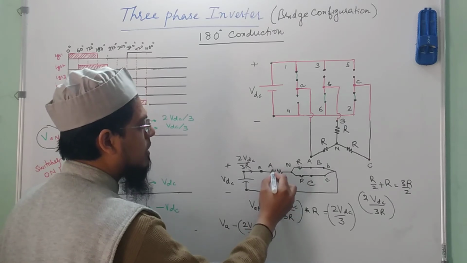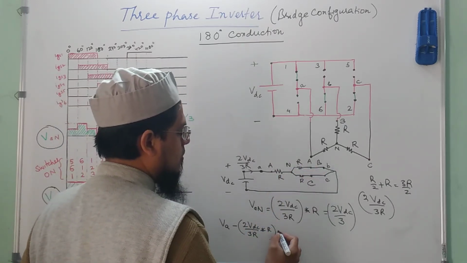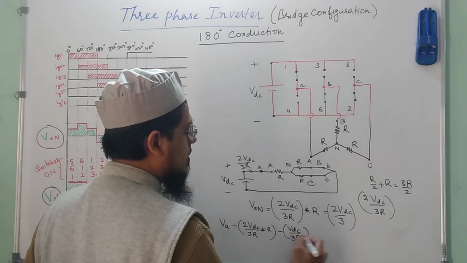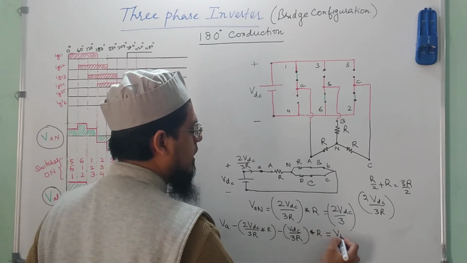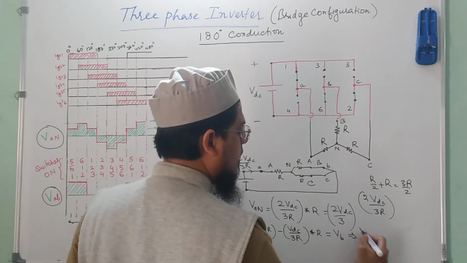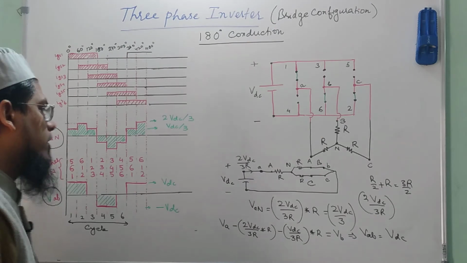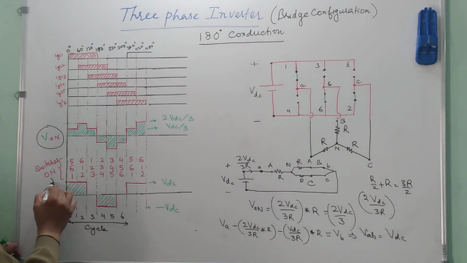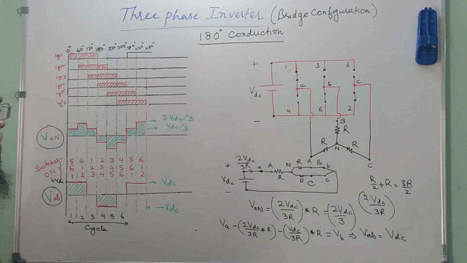So this is the drop at this resistance, then I have to go to this point, so again minus VDC upon 3R, and this has to be multiplied by the resistance R, and then finally I reach this point VB, and finally if you simplify it you will get VAB is equal to VDC again. Okay. So that means again plus VDC.